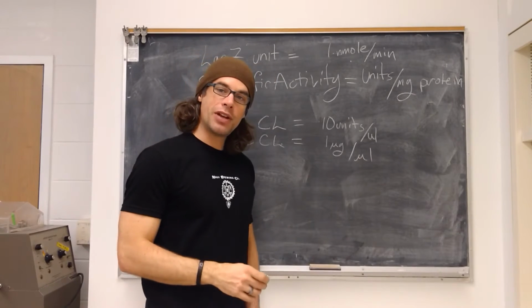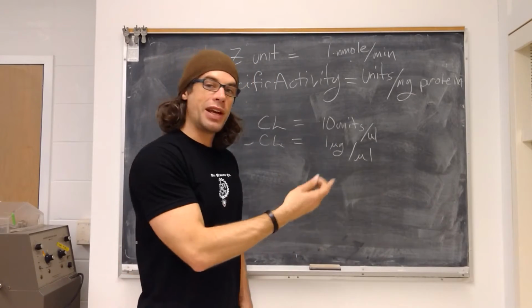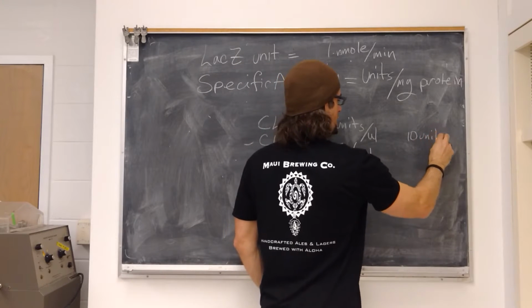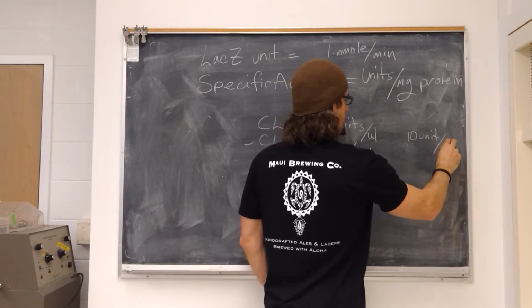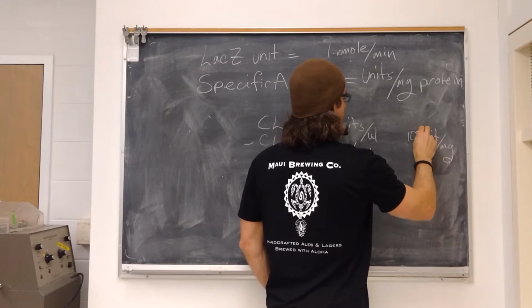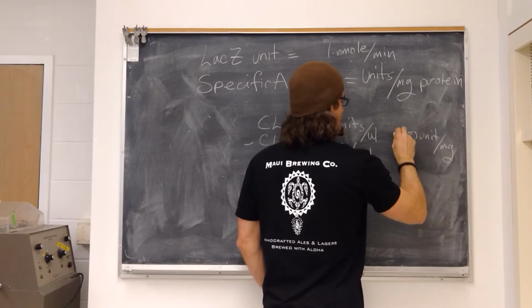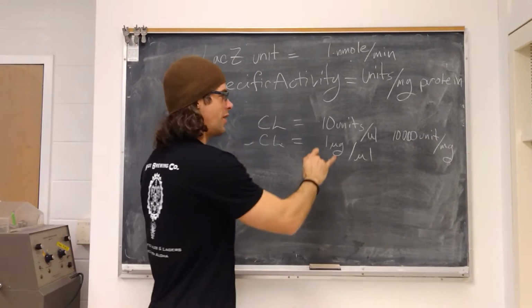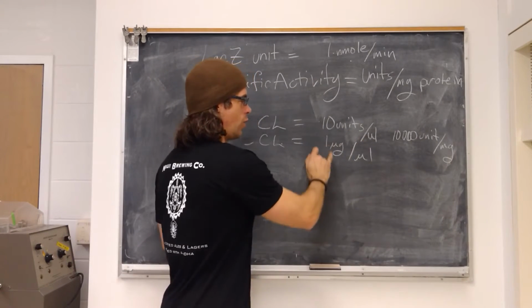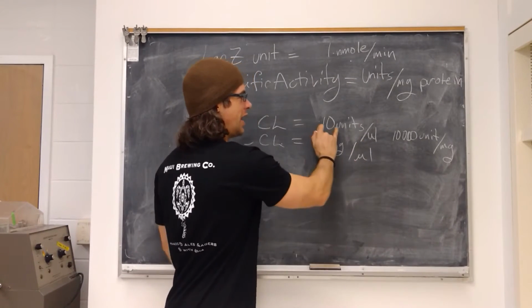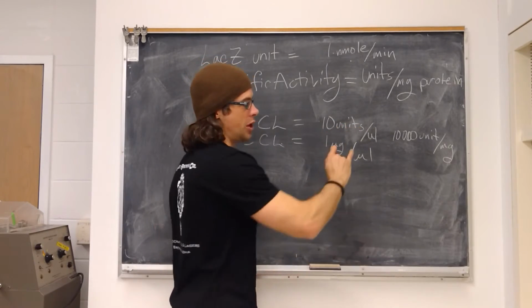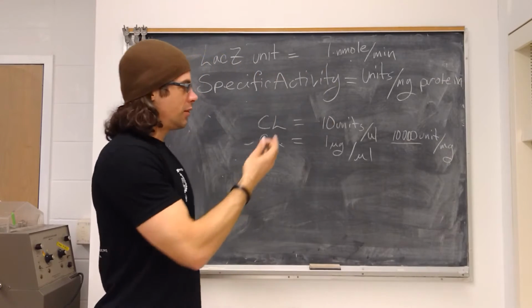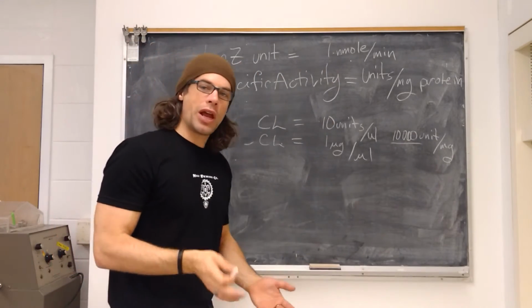The specific activity of your cleared lysate, therefore, is 10 units per microgram, or 10,000 units per milligram. Okay? So if you have 10 units in a microliter and 1 microgram per microliter, that's 10 units in a microgram. So the number of units you have in a milligram is 1,000 times bigger. Okay? So that looks like a good specific activity.